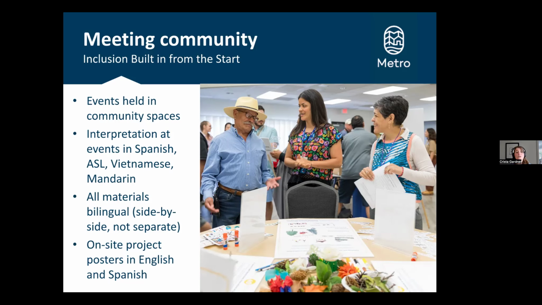So for us, creating access was essential. We recognize that not everyone has leisure time to attend events outside of their daily schedules. We knew that we needed to meet community where they are. So in Washington County, this included events all throughout Washington County, including workshops at libraries and Central Cultural Community Center.